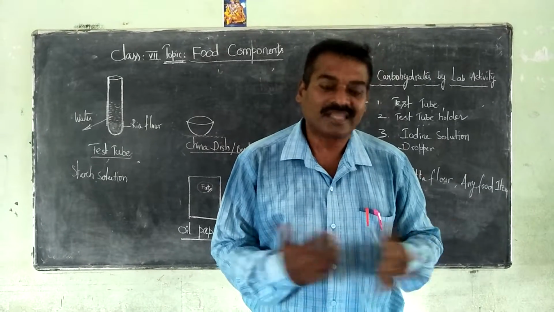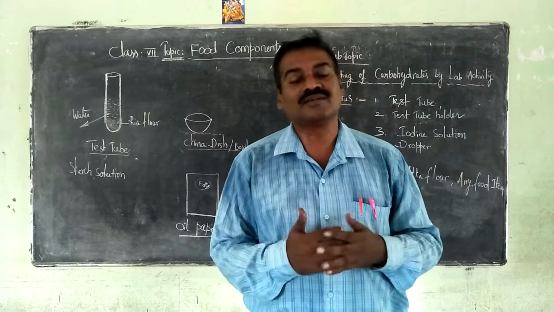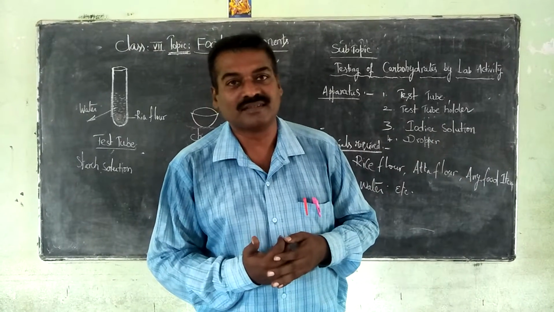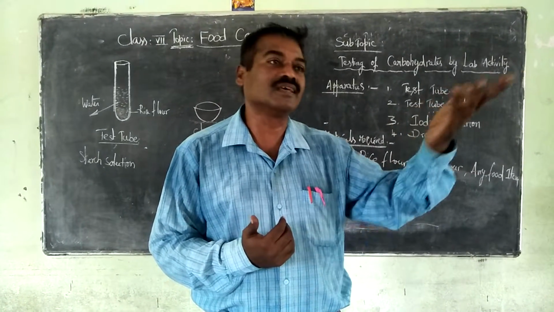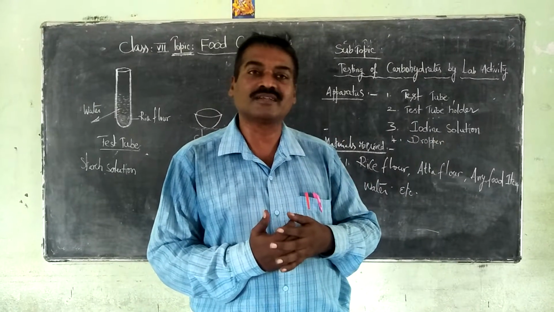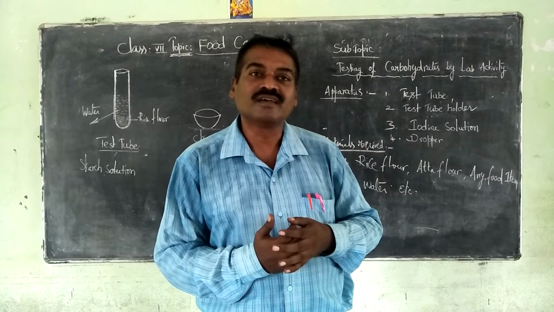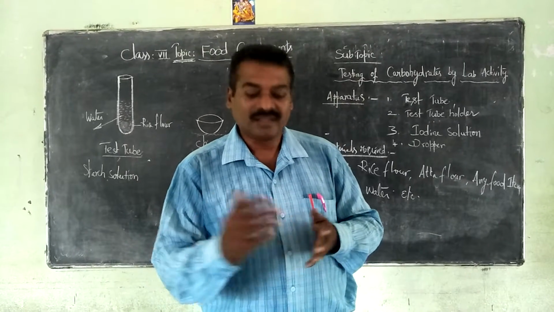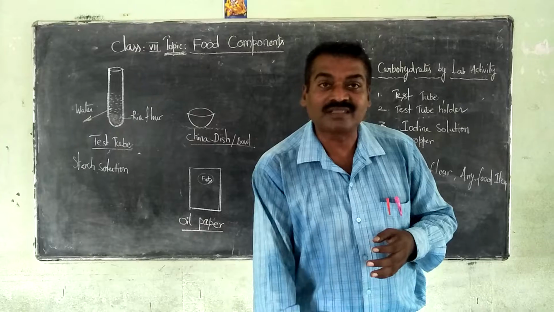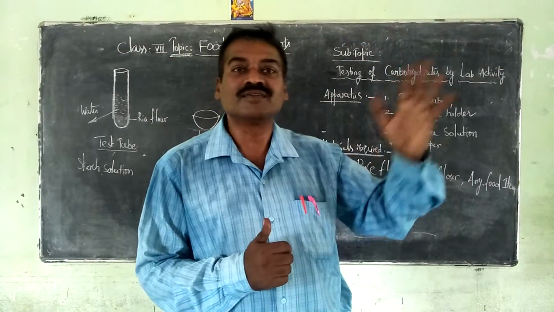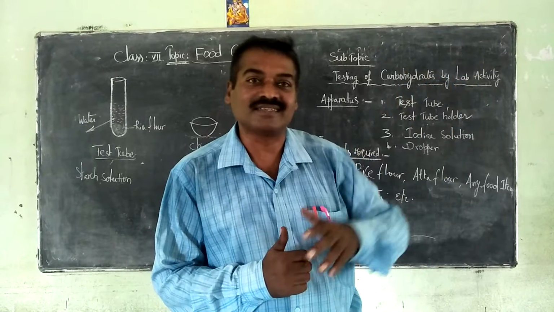Understand children? Well done. Not only that, you can even try biscuits, like Good Day biscuits, or any chips packets, let us say potato chips. Even take a vada that your mother prepared, rub it on the surface of the paper and see the transparency, which indicates it contains fats.